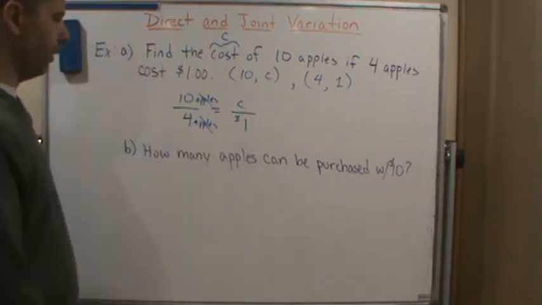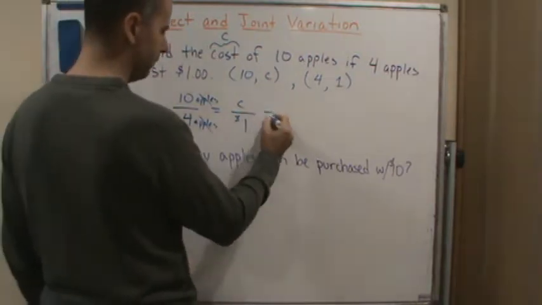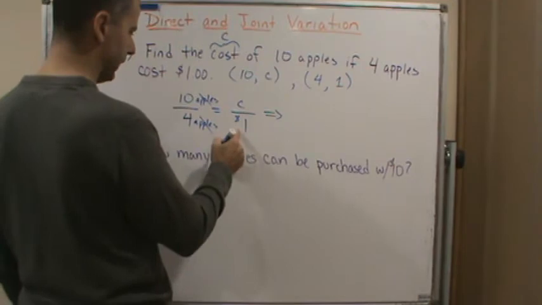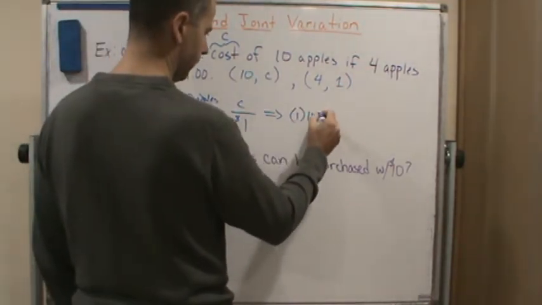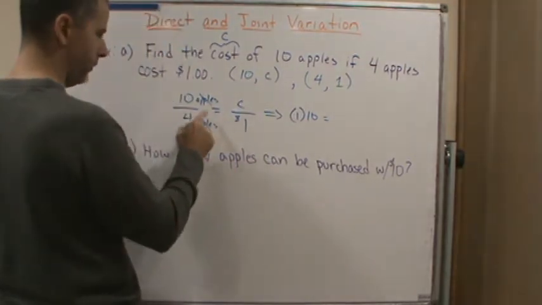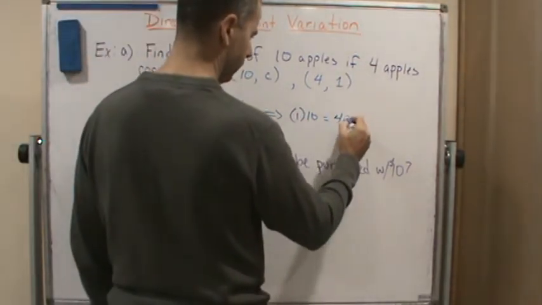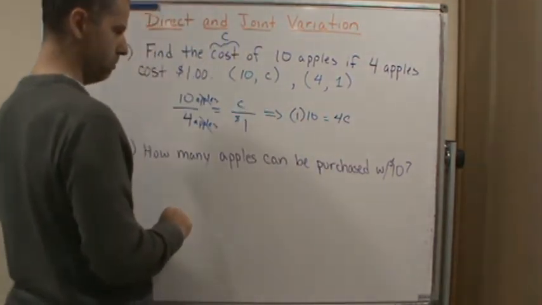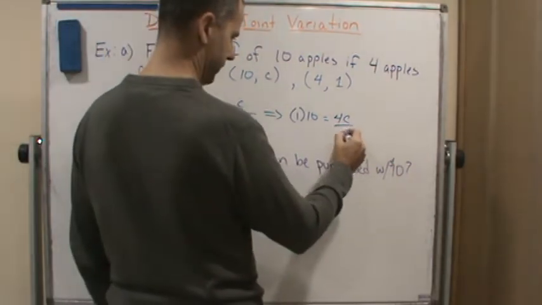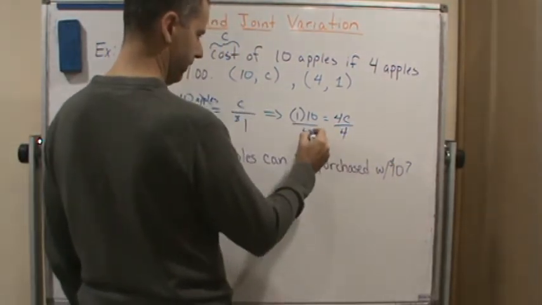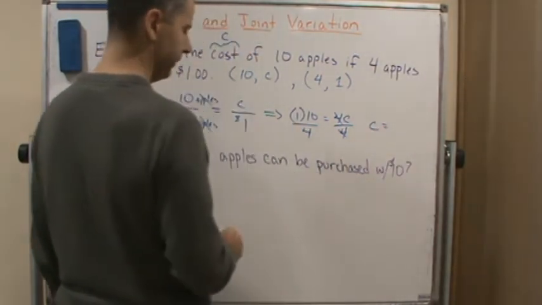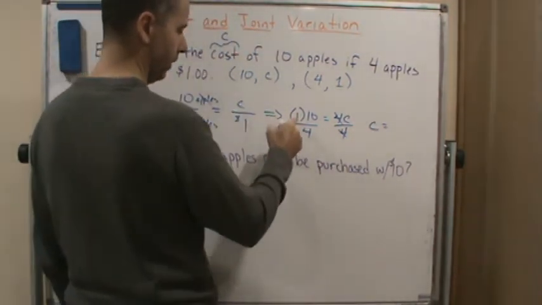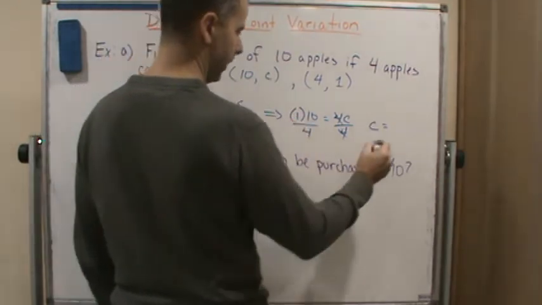Now if I cross multiply, I get 1 times 10 is equal to 4 times C. If I divide both sides by 4, I get C equals 10 divided by 4.